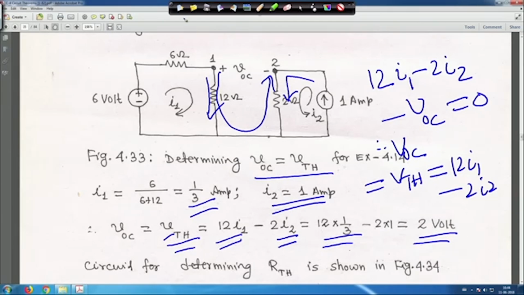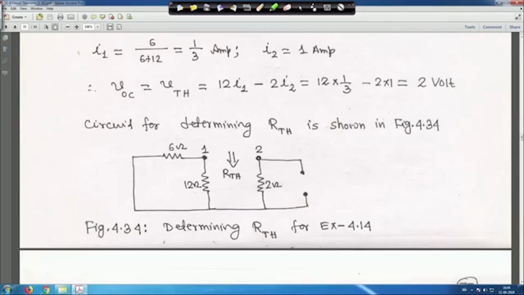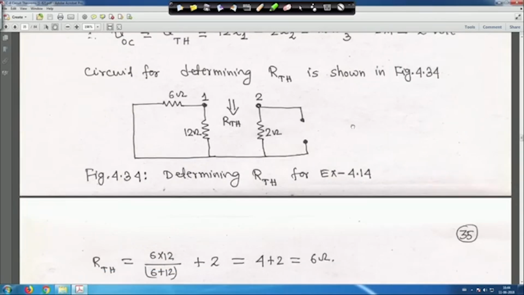Next, now let me clear it. Therefore, to get your R Thevenin, there is a current source. The current source has to be turned off, so it is open, and the voltage source is shorted here, right. Finally, you have to get R Thevenin between terminals 1 and 2.